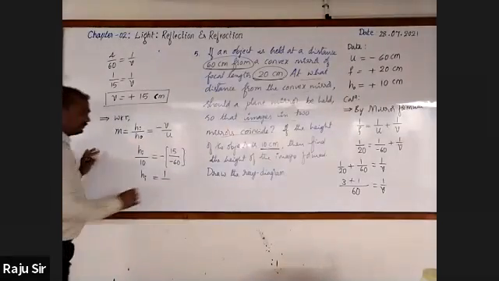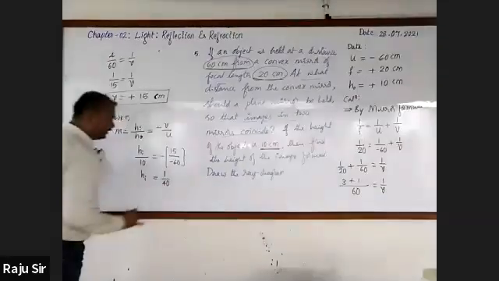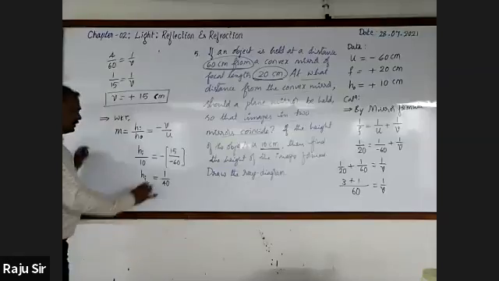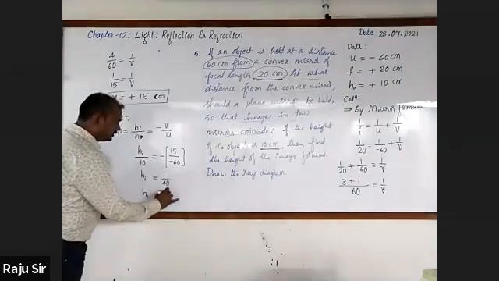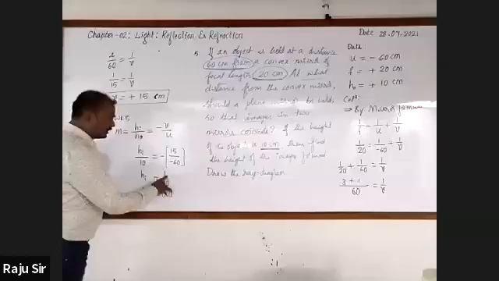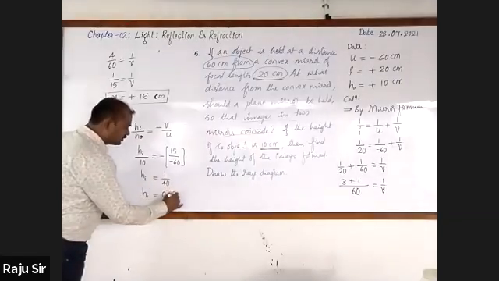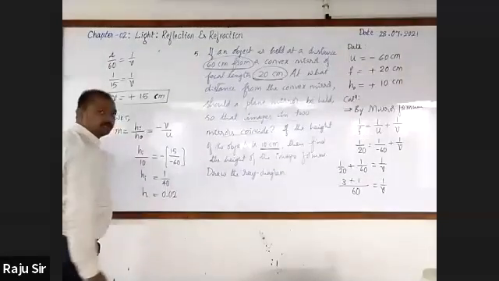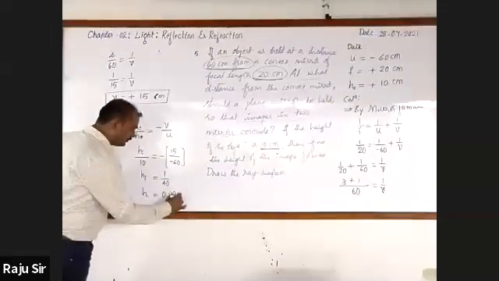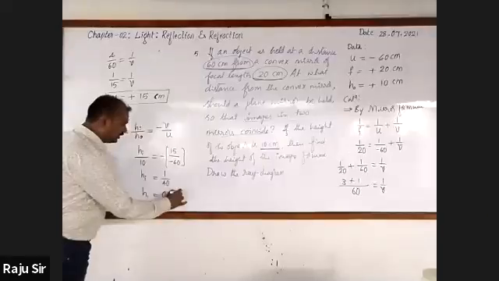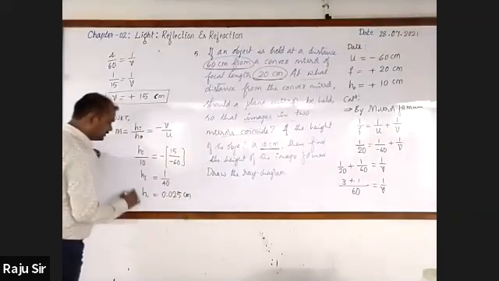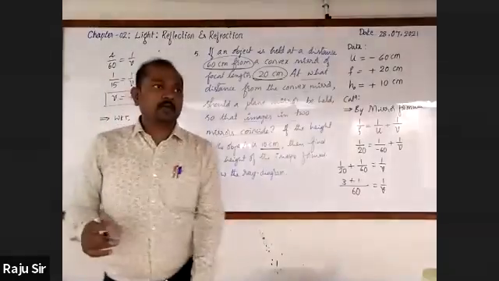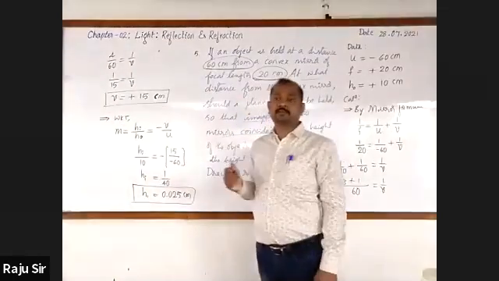Cross multiply with 10, it is 10 by 4, which is 2.5 centimeter. Obviously, we all know that the image formed will always be diminished in the case of a convex mirror.